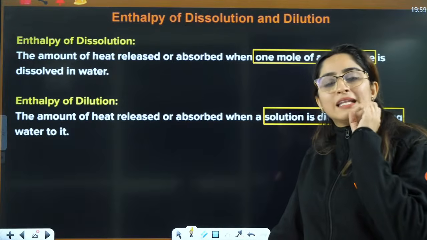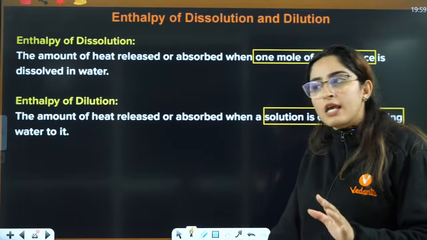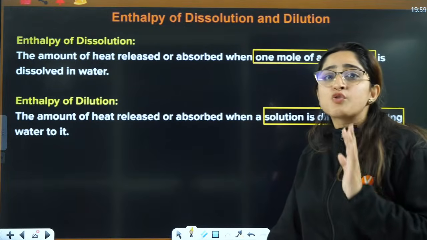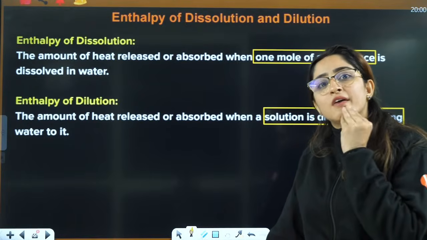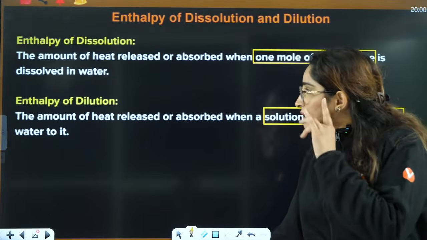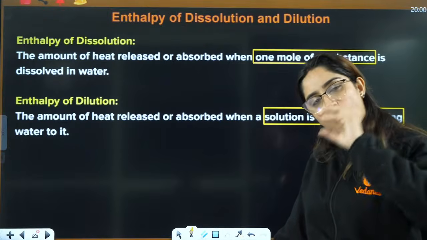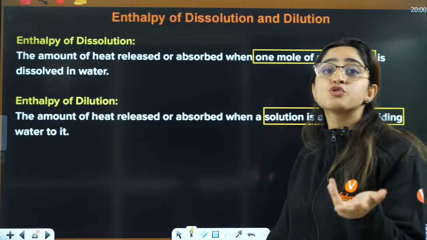Enthalpy of solution and dissolution are almost the same. Here we are specifying it is water. There we say in a solvent, that is solution. When we say it is water, it is dissolution. Dilution is when you add more water. It's already an aqueous solution, you add more water. That is dilution.